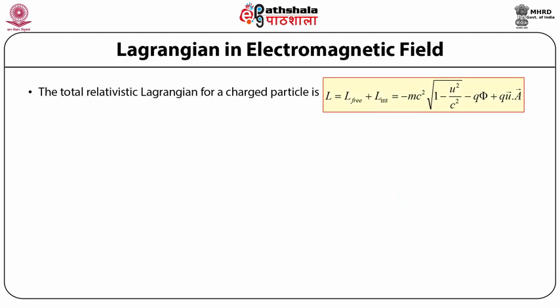Combining the two terms L_free and L_int, the total relativistic Lagrangian for a charged particle is L equals L_free plus L_int equals minus mc square into under root of 1 minus u square by c square, minus q phi plus q u dot A.